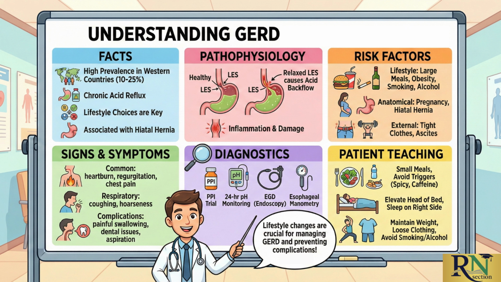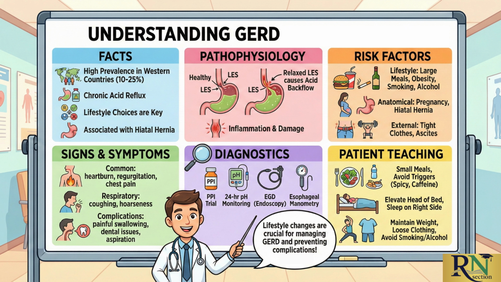For positioning, sleep on the right side with the head of the bed elevated about 6 to 12 inches to promote gastric emptying and prevent reflux.